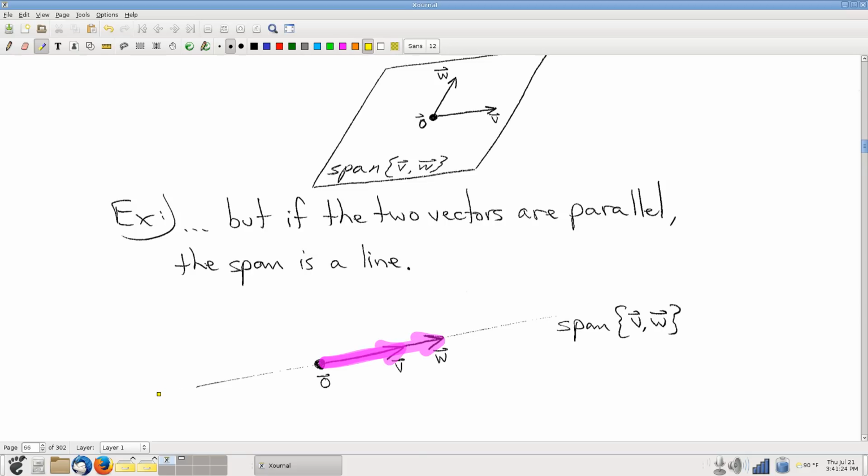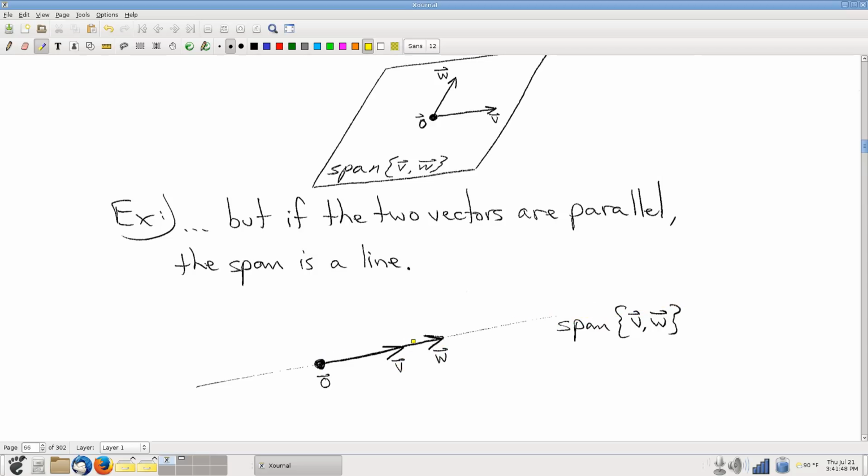The collection of all scalar multiples of v is that, but when you start adding multiples of w to that, you're still on the same line because you're adding vectors that are parallel to these existing vectors. So in that case, you don't get a plane. If they are parallel, you just get a line. You can consider likewise what would happen if one of these vectors was a zero vector.